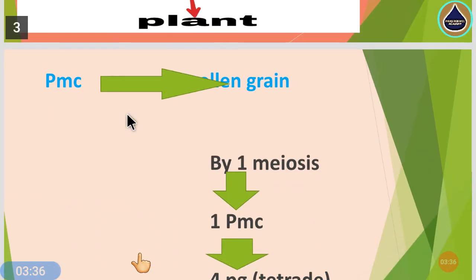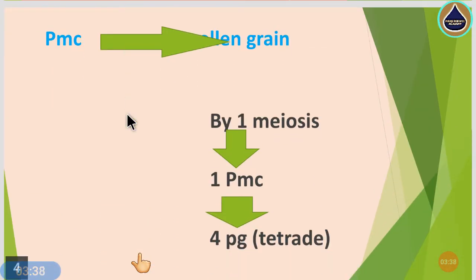Now we'll go for the number of cell divisions that is needed for the formation of this pollen grain. Dear students, you can see here there is a term PMC, meaning pollen mother cell. This pollen mother cell is a diploid cell, 2n, and it is needed for the formation of the pollen grain, because the pollen grain eventually forms the male gamete.